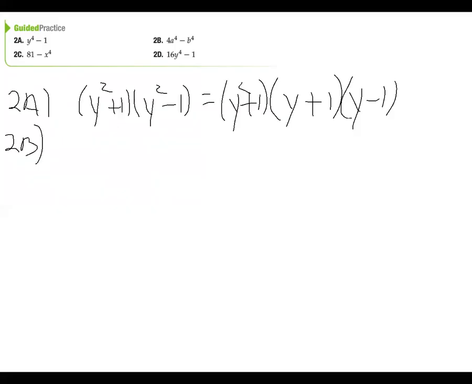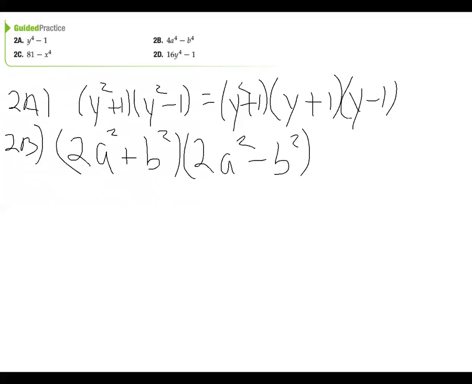You could factor as 2a squared plus b squared times 2a squared minus b squared. Now be careful. This 2 is not a perfect square, so I can't continue factoring that one, because that's technically not a difference of squares, so you just stop there.